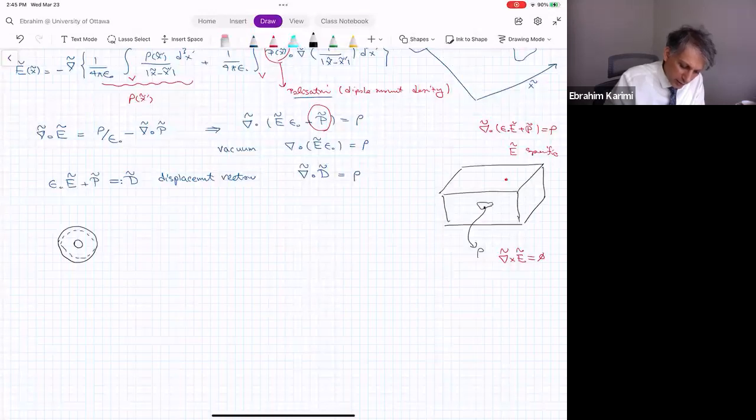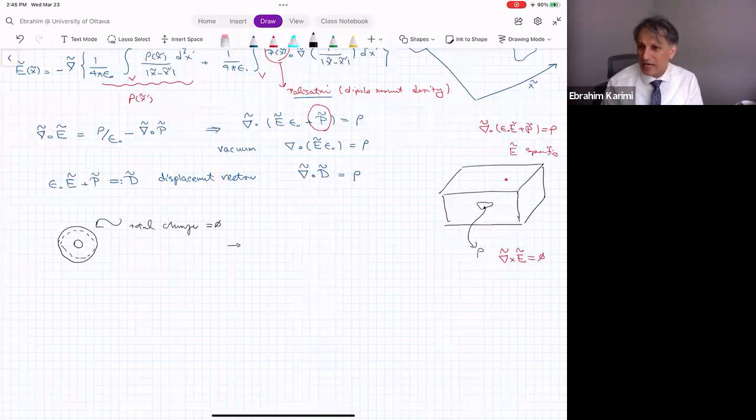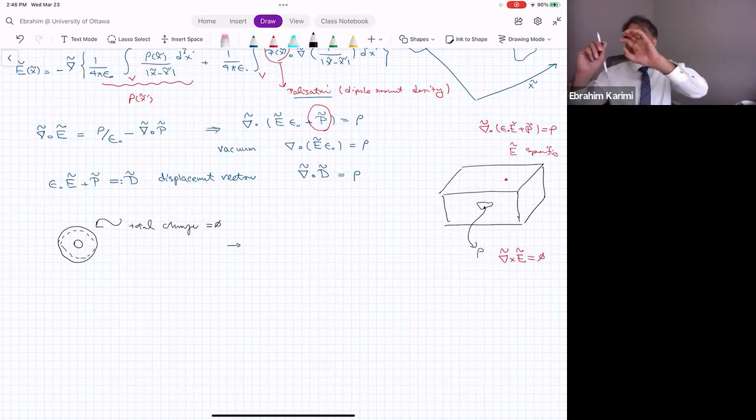The total charge is 0, right? For a neutral atom. True? However, if you place this neutral atom in the presence of an electric field, which means that if you place a charge somewhere, then you are creating an electric field in space.